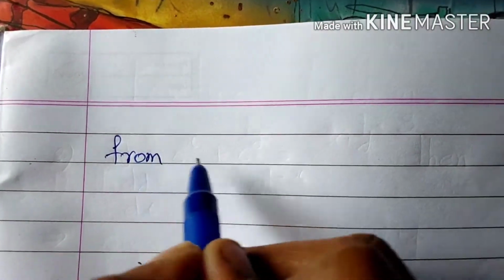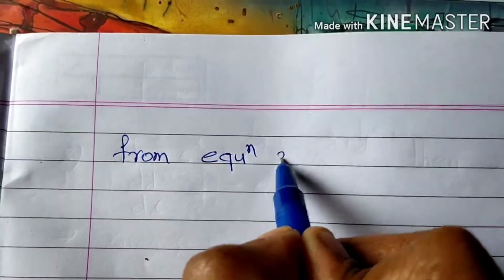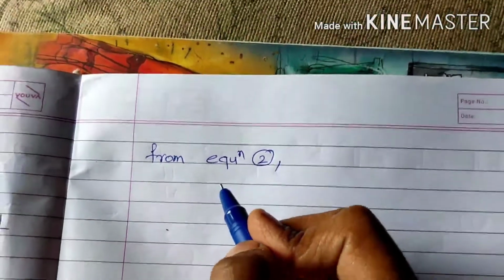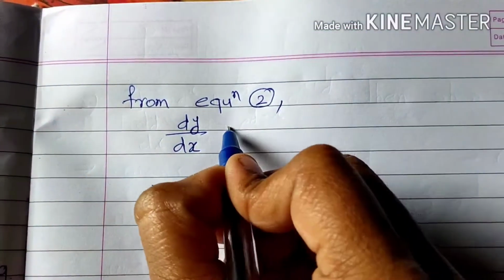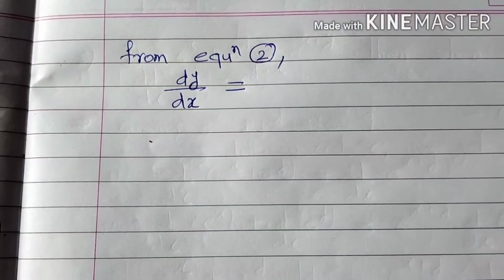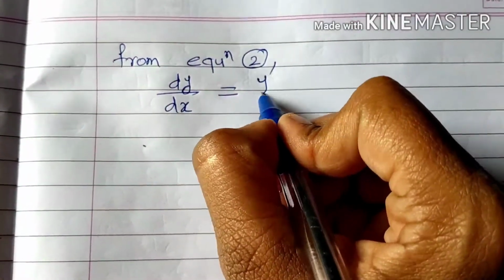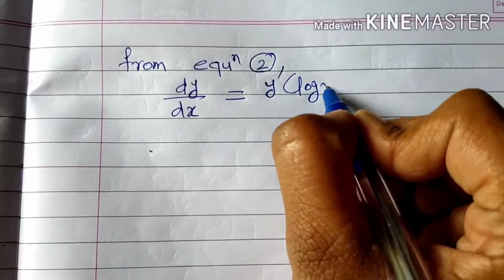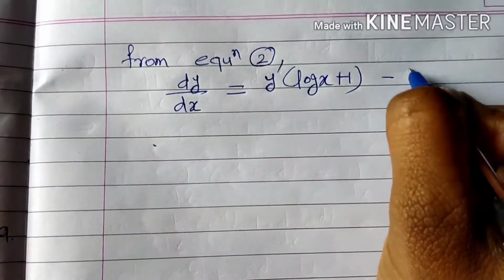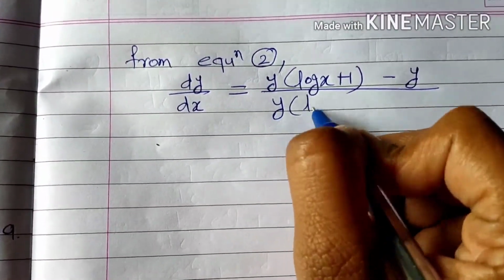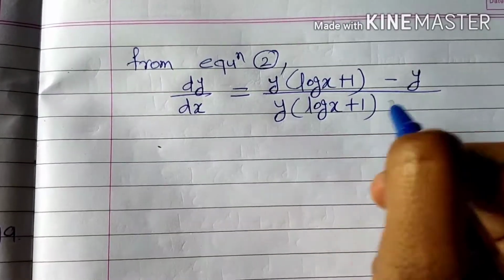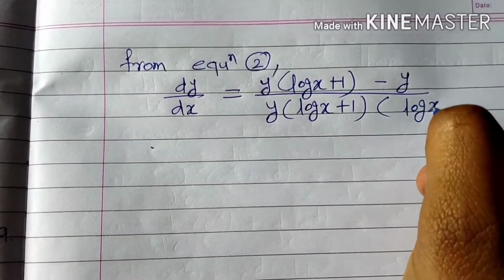We get, from equation 2, dy by dx is equal to, value of x is y log x plus 1, minus y upon y log x plus 1, and here it is log x plus 1.